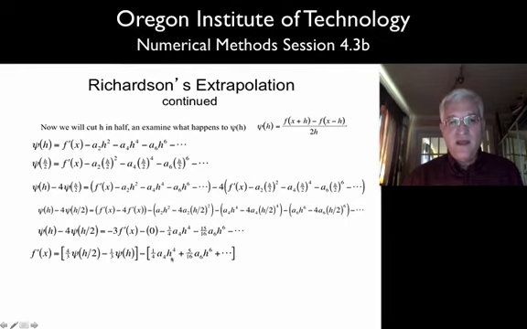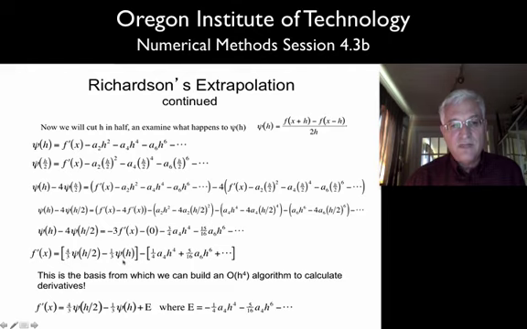Even if you have an h of 0.1, which would be pretty big, 0.1 to the 4th is 0.0001, and you get rid of most of your error by making the strategic linear combination. So that becomes now our computational formula, and we have an error that's getting really small in a hurry.